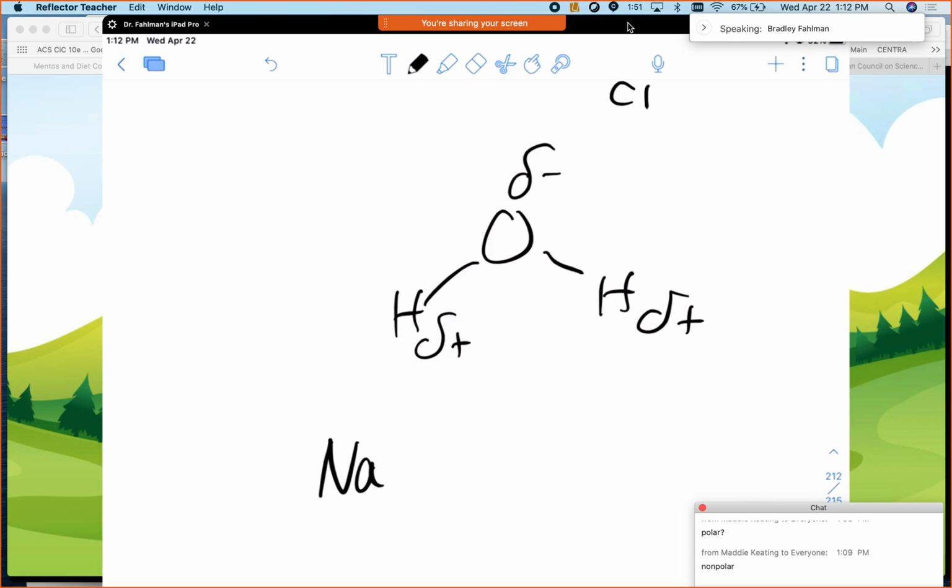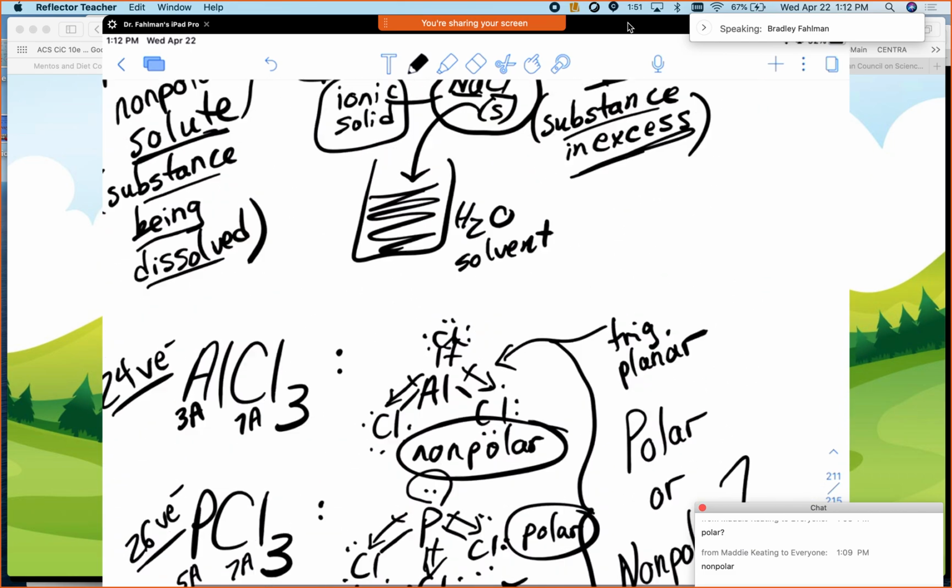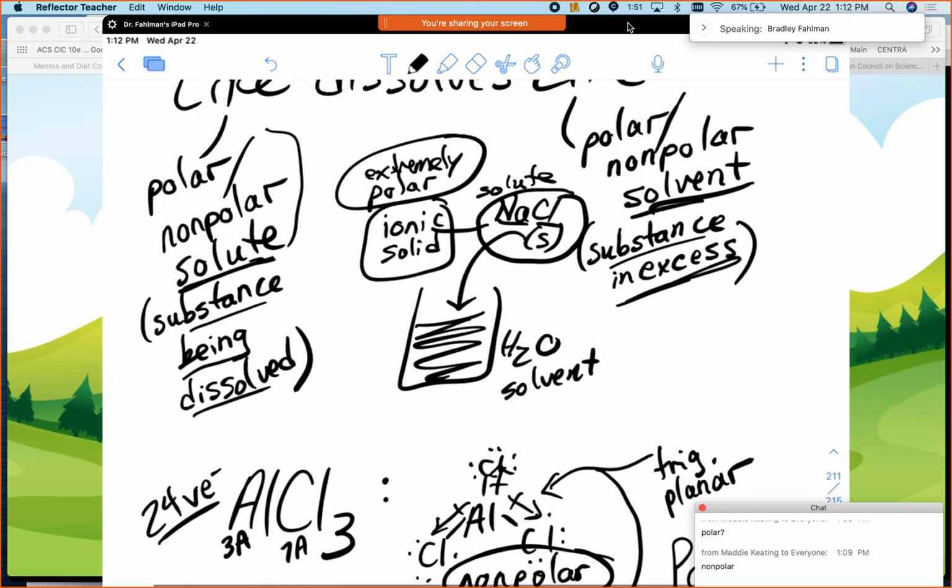With sodium chloride, for instance, it's sort of polar to the extreme, because you don't even have the deltas anymore. It's full positive and negative. So these are really referred to as the most polar you can have, and so they will definitely be soluble in polar solvents.